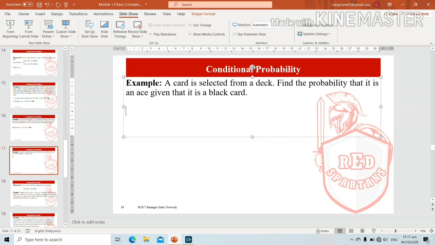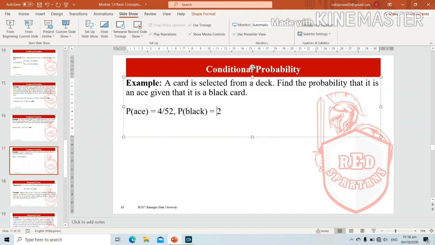Kunin natin, ano ba yung probability ng ace? Sa baraha, meron tayong isang ace sa heart, isa sa diamond, isa sa flower, and isa sa spade. 4 over 52, 52 yung total natin. Then, ang probability naman na black card, ang black natin doon ay spade at saka flower, tig 13.